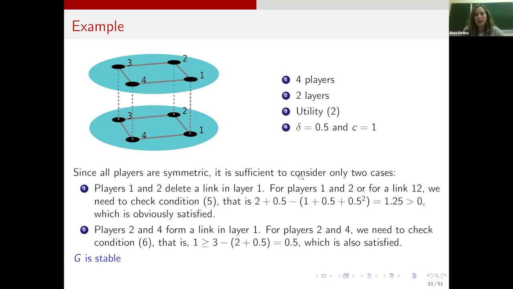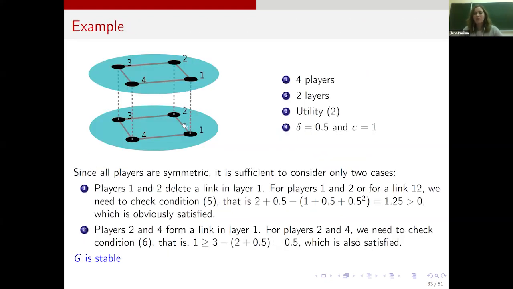For example, we check condition 5 for the link 1, 2 in one layer, and it is obviously satisfied. For players 2 and 4, we also need to check if they want to create a link or not. It is also not profitable, so this condition is satisfied and this network is stable.